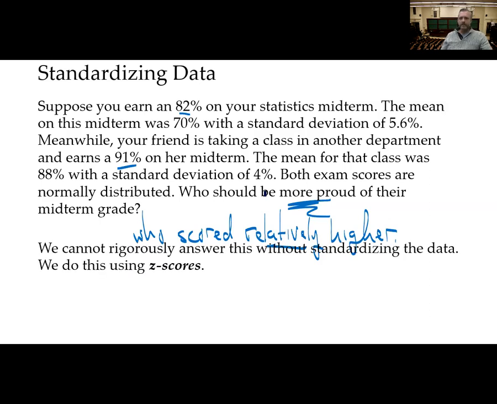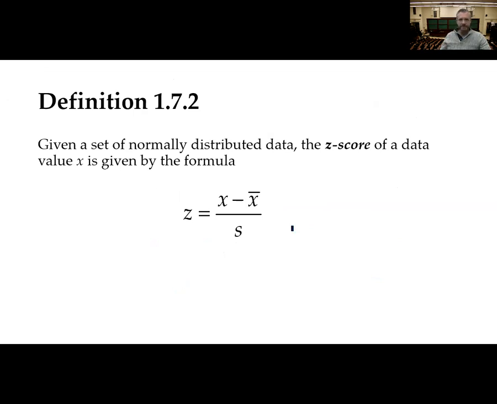Well, we essentially need to standardize the data, and we do that using what's called a Z-score. So let's talk about Z-scores. Here's the formula. You might also see it this way, just depending on what we're given. It's not very realistic that we know the population mean and standard deviation, but either way, that does something for us. And I want to explore what that actually does for us. So a Z-score is X minus the mean, that difference divided by the standard deviation.